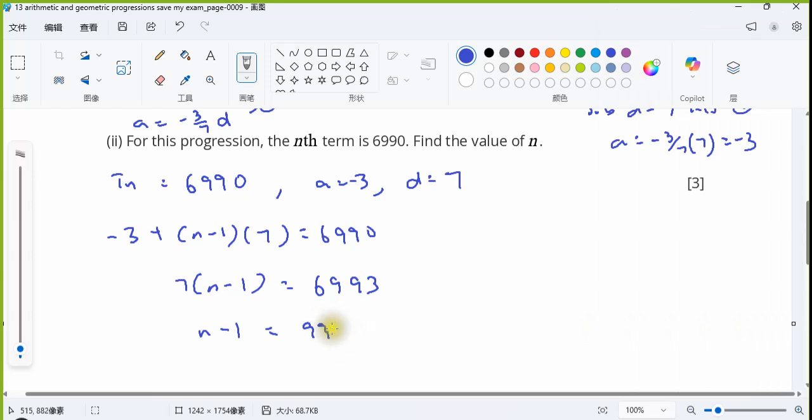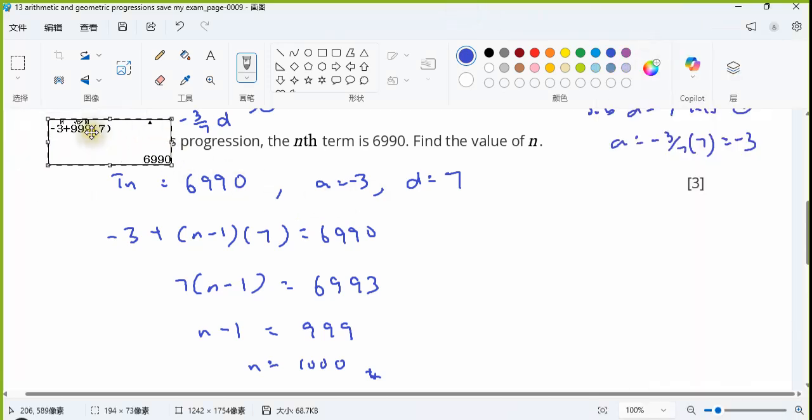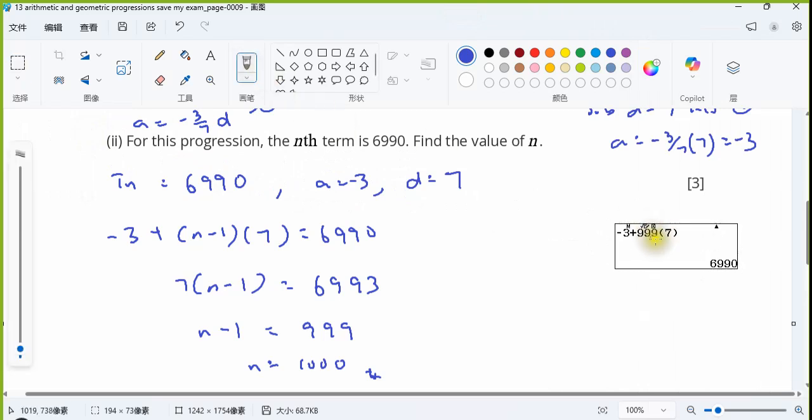Then n will be 1000. Check: negative 3 plus 999 times 7 is 6990. Yes, correct.